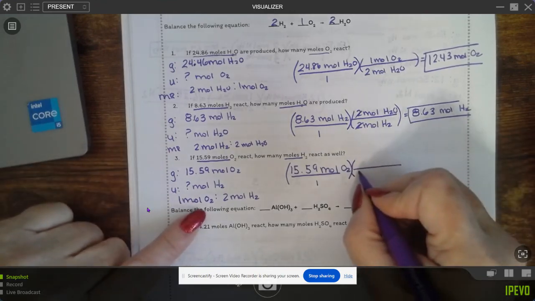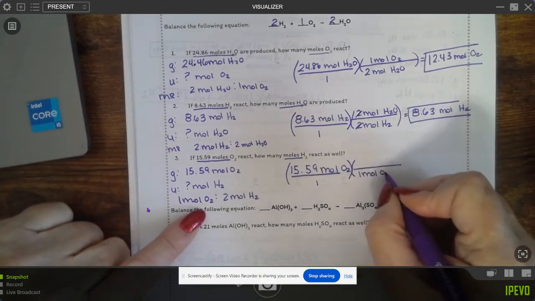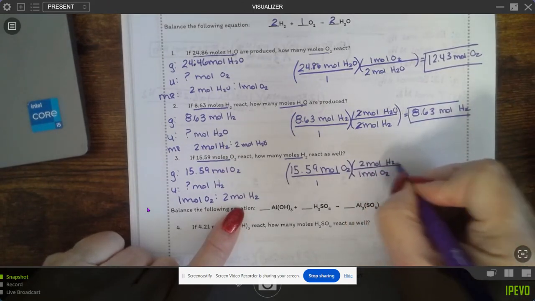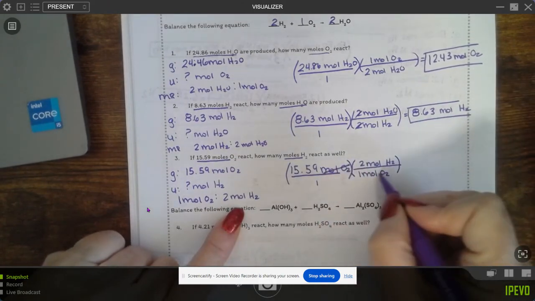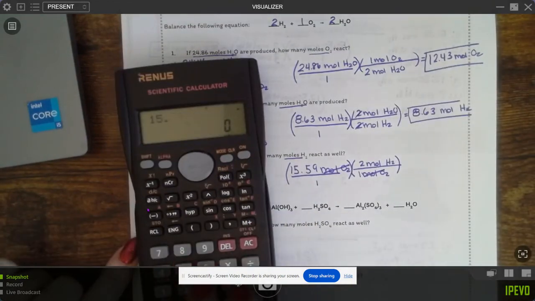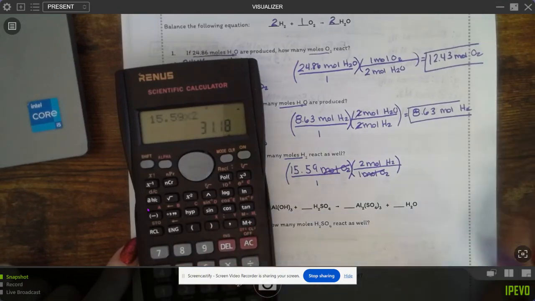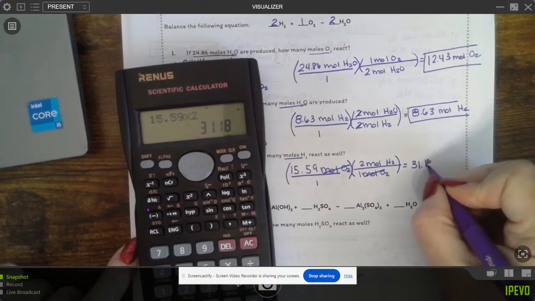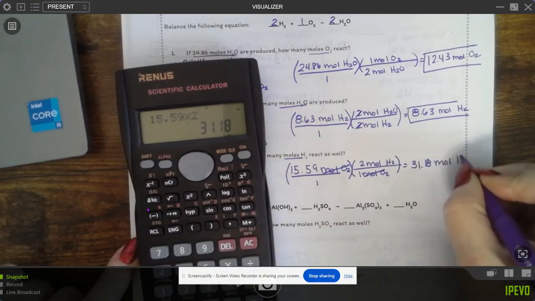We have 1 mole of O2 and 2 moles of H2. Our units cancel, so we do 15.59 times 2, and I get 31.18 moles of H2.